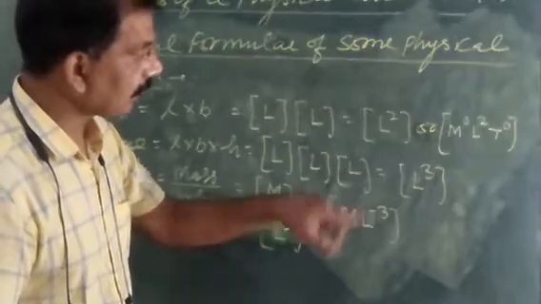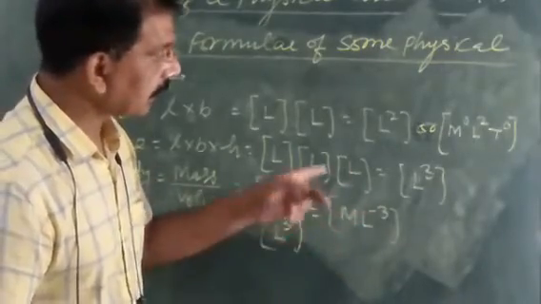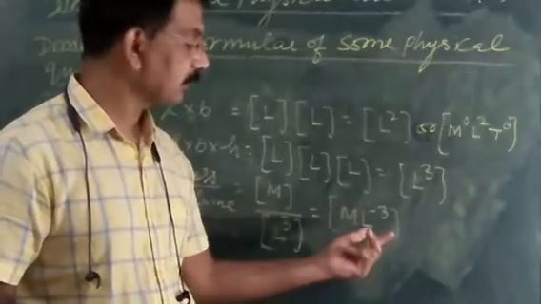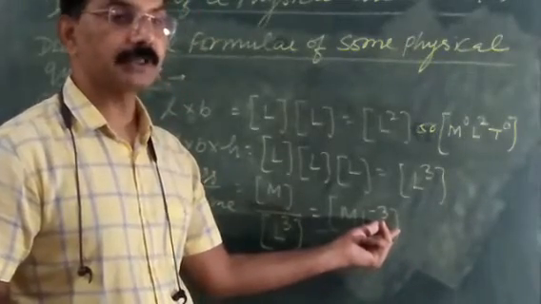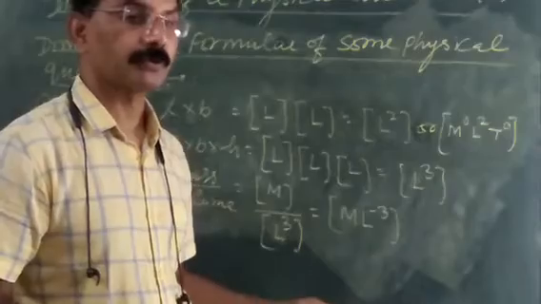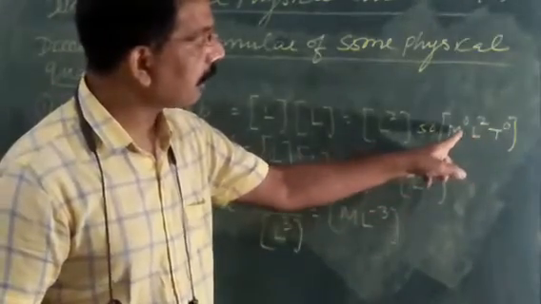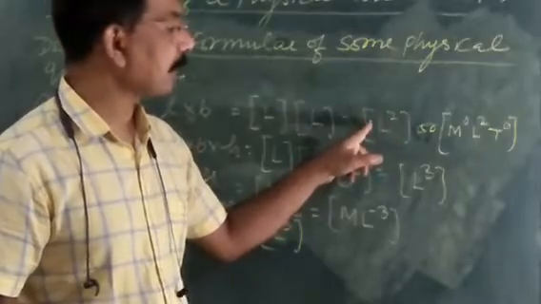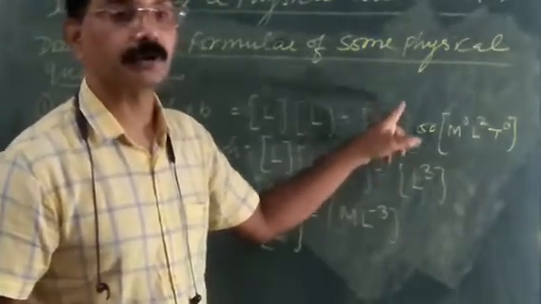Once again, I would like to remind you, it is not necessary to always write T to the power 0. If there is no term of T, it is understood as T to the power 0. Like here, no term of M and T, only L is here. It means the power of M is 0 and the power of T is also 0.